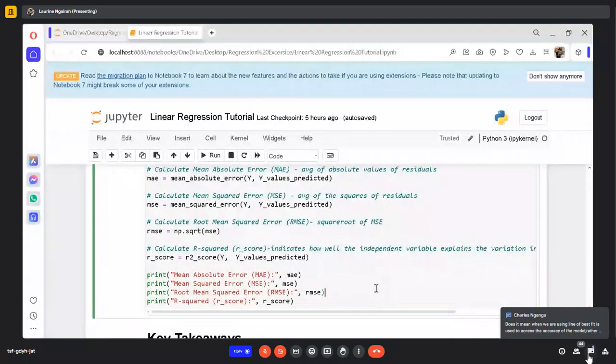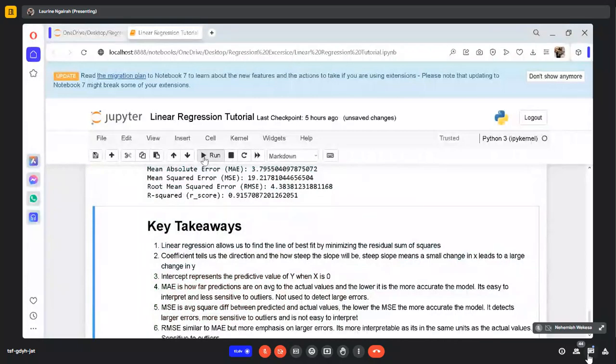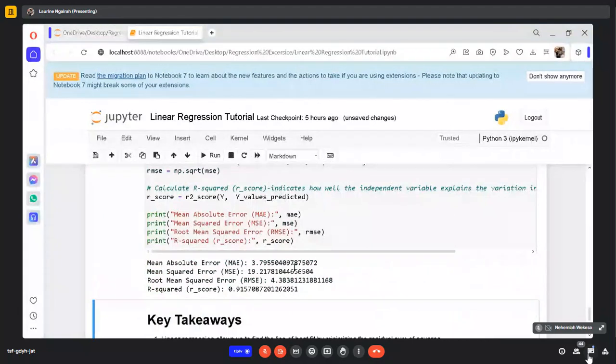Okay, let's run and see how our values are. So we can see our mean absolute error is 3, which is quite low. Then our mean squared error is 19, and our RMSE is 4. And our R squared is 0.9.